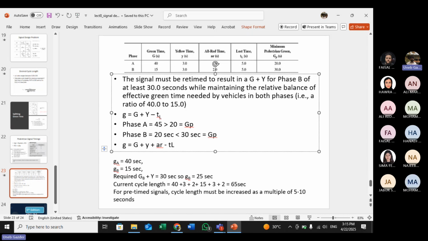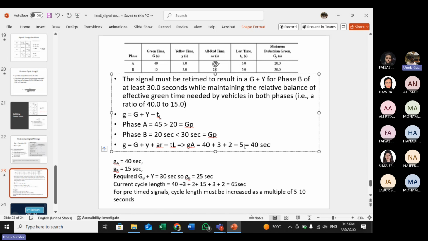For phase A, it will be 40 plus 3 plus 2 minus lost time, which is 5, so 40 seconds again.